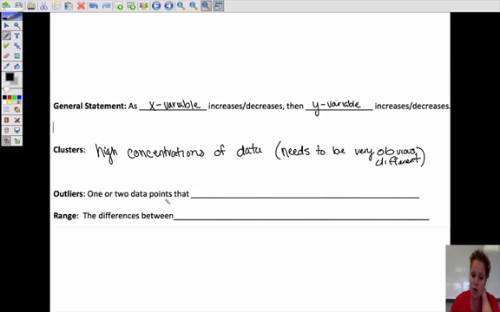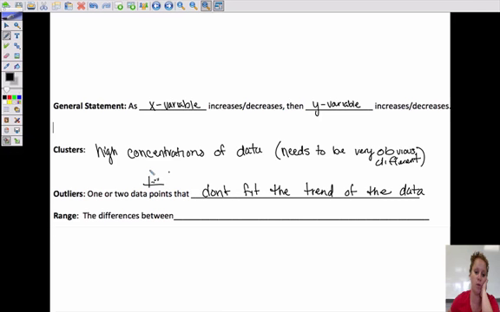Outliers are one or two data points that don't fit the trend of the data. They could be off to the side, but if they still fit the trend, then they're not outliers. So like if I have a bunch of data points down here that are going in a positive direction, and then one up here, it still fits the trend, so it's not really an outlier.